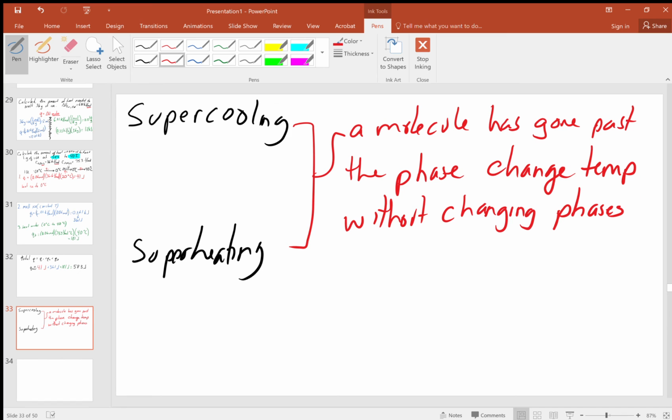Typically what this means is that maybe you've cooled the water down below 0 degrees, but the water molecules haven't organized themselves well enough to actually form a solid. And so typically at that point, you just have to slightly agitate the compound and the phase change will complete.